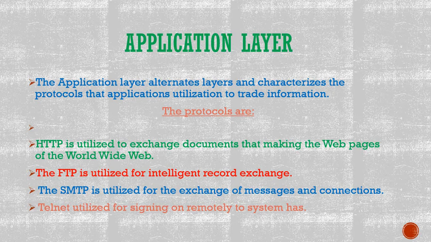So basically, whenever we are using any HTML coding, HTTP is used there. FTP is used for exchanging files, that is, File Transfer Protocol. SMTP is used whenever messages get exchanged, that is, Simple Mail Transfer Protocol. And last but not least, Telnet is utilized for signing on remotely to the system host.